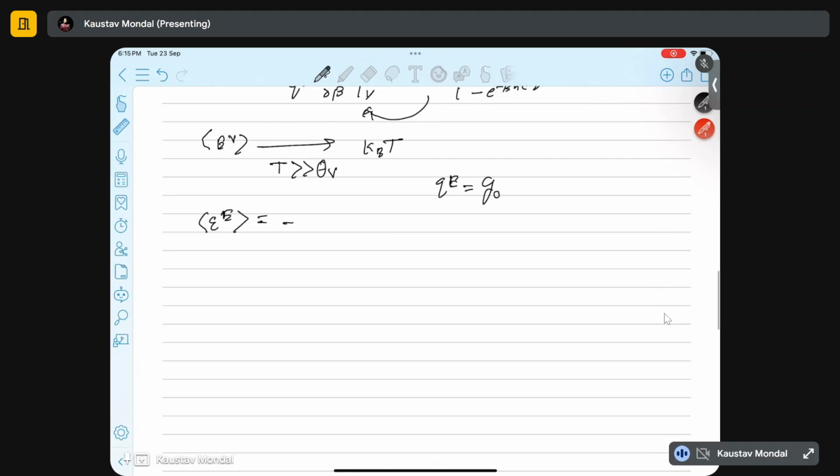So for this case, if we calculate del q_E by del beta of a constant value, this simply gives you 0, right? So the contribution of the electronic partition function into the mean energy would be simply 0 unless you make the temperature very high. Okay. So this is the thing.